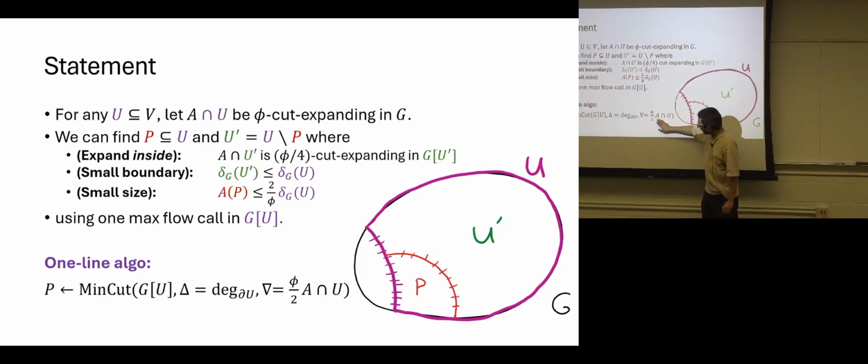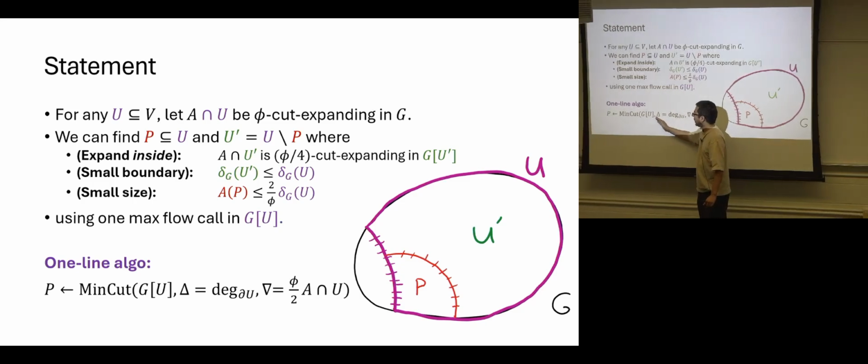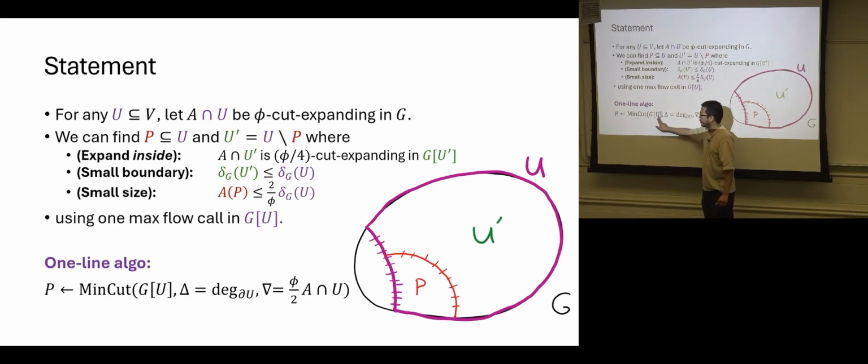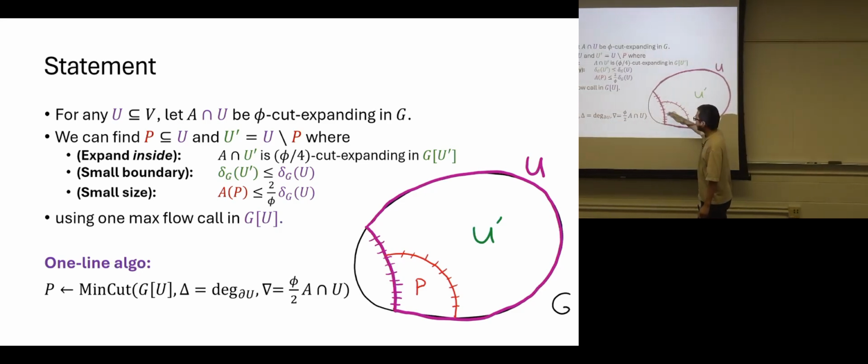The sink is just the node weighting in U, scaled down by phi over 2. So I just compute one max flow in GU, and I might get a min cut. But this min cut might be empty too. P is just some cut. Whatever that cut is, just prune it out from U, and that's it.